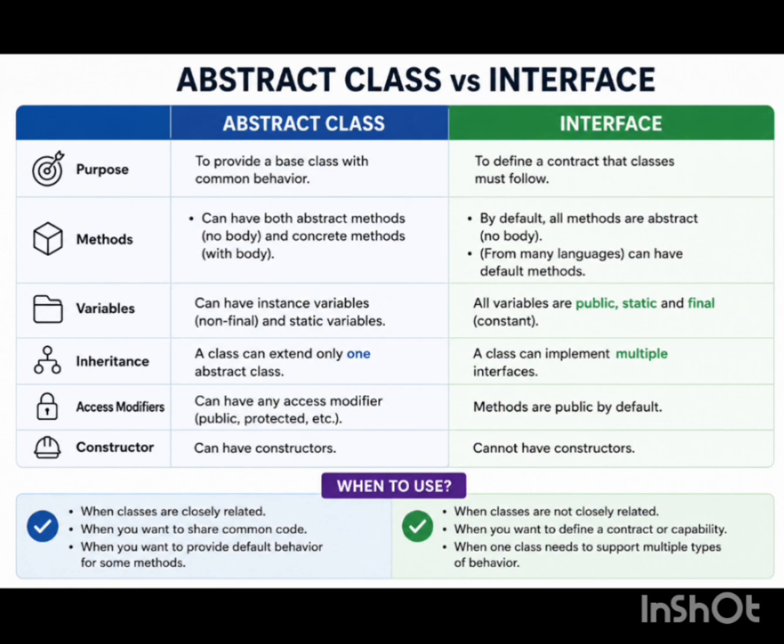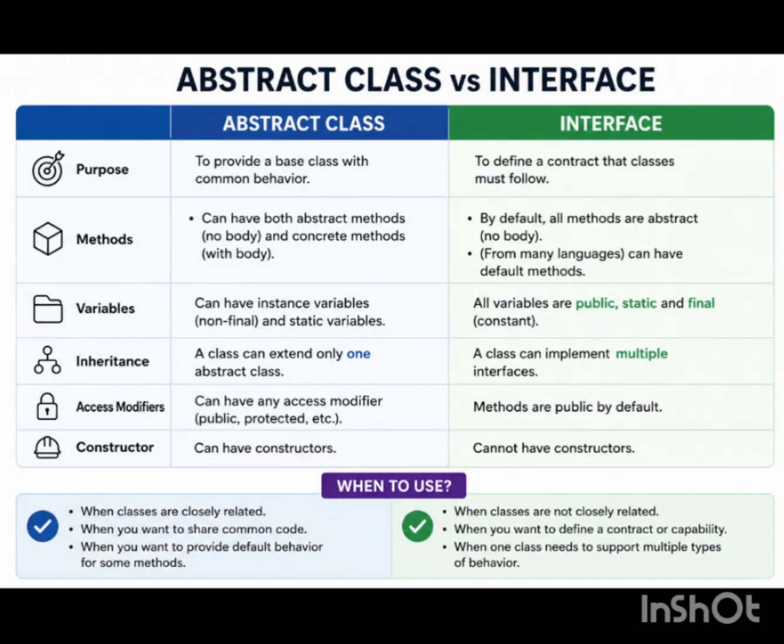But another difference is that in an abstract class we can have both abstract and non-abstract methods: declared methods as well as implemented methods. In an interface it's not like that. We have only declared methods, and the class that implements the interface has to implement all the declared methods. That's the difference about methods.